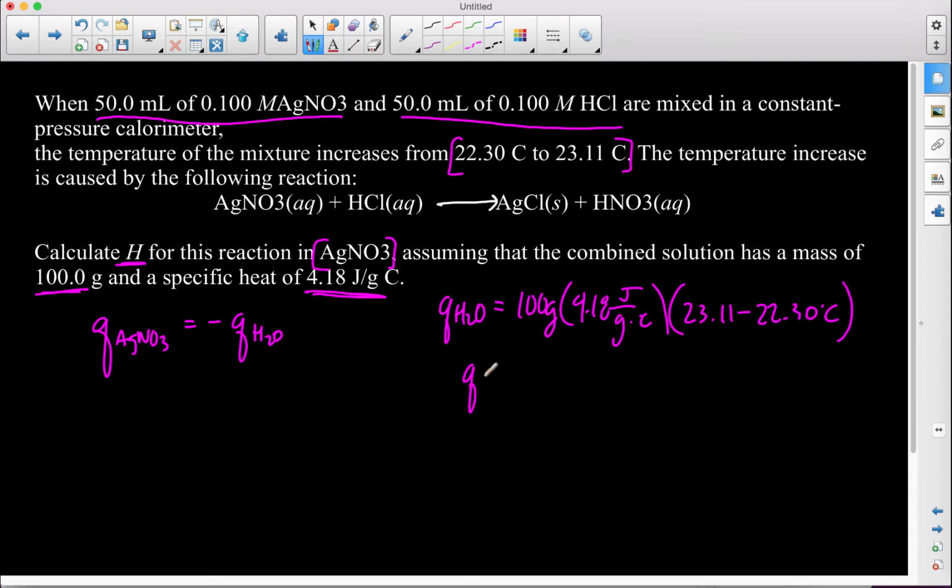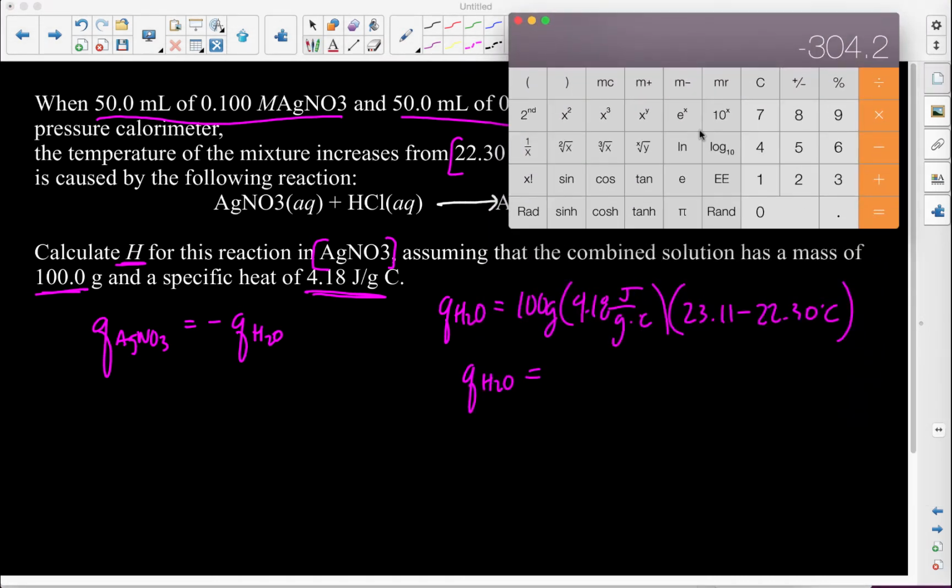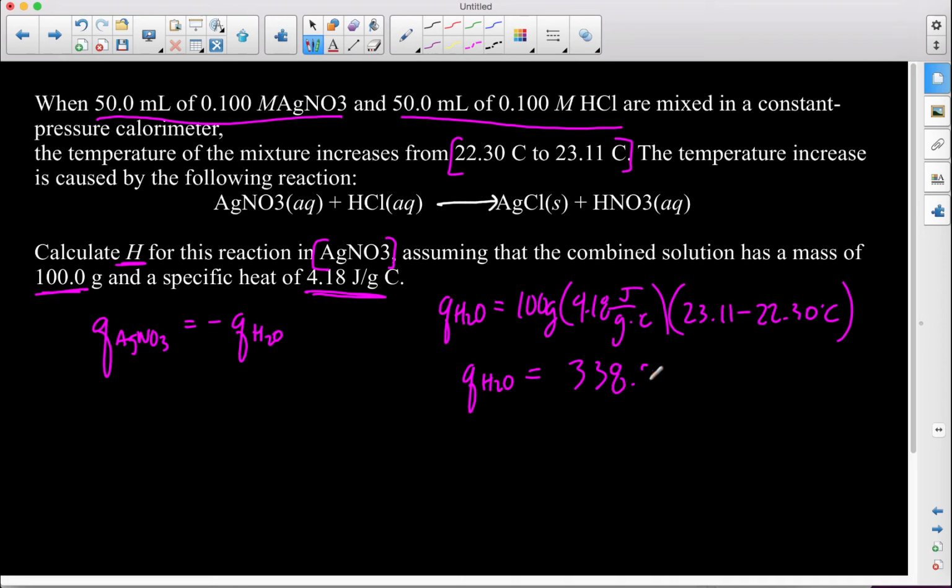Which means that the Q of my water is equal to 100 times 4.18 times, what am I looking for, 23.11 minus 22.3. So we get 338.58 joules. And note that here the answer is positive because the temperature of the water increased.